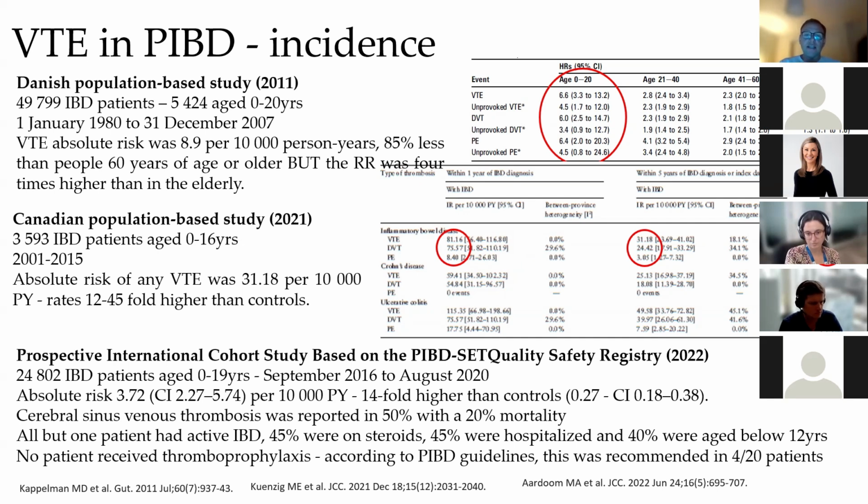Patients usually have active disease, they're usually in hospital, they're usually on steroids, but there is a spread over different ages. So particularly in the prospective published study, and the subsequent study which is coming but is not yet published, it's very clear that the age range at which these clots can happen is really the overall range where acute severe colitis can impact on children.